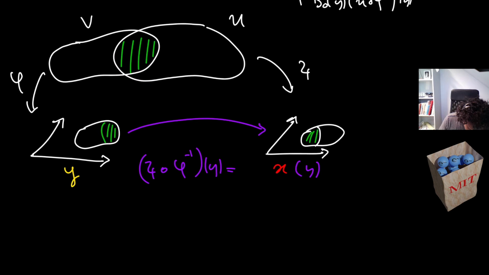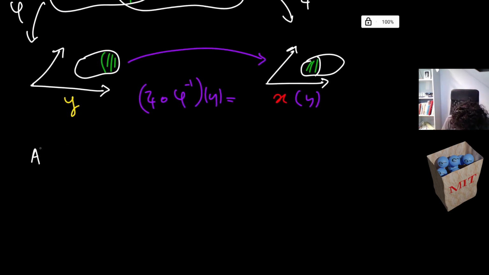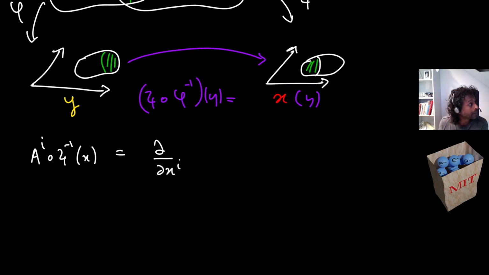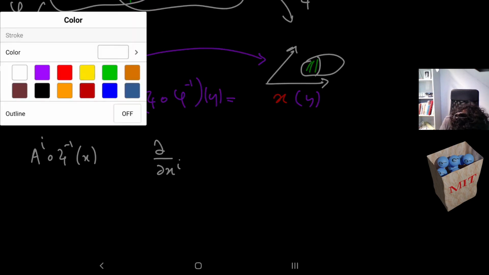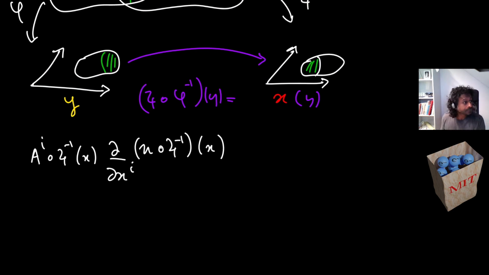So now if I look at A_i composed with psi inverse at x, this is d on dx_i times d on dx_i of u composed with psi inverse x.